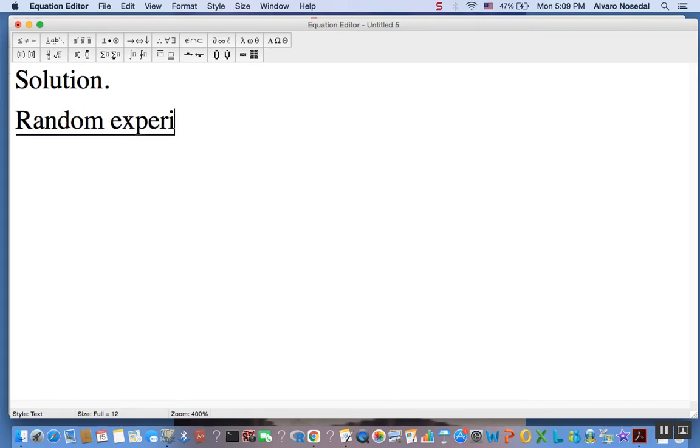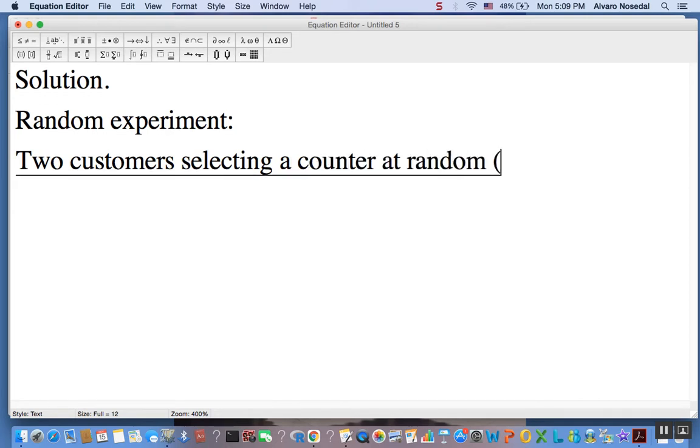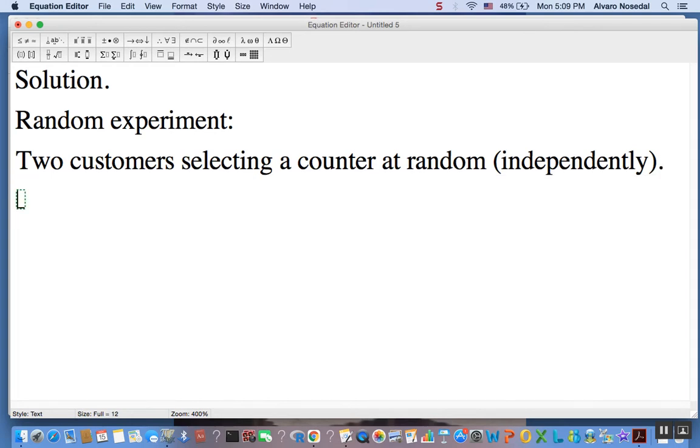Random experiment: two customers selecting a counter at random, and they do that independently. Next step, we have our random experiment. Let's find the sample space.